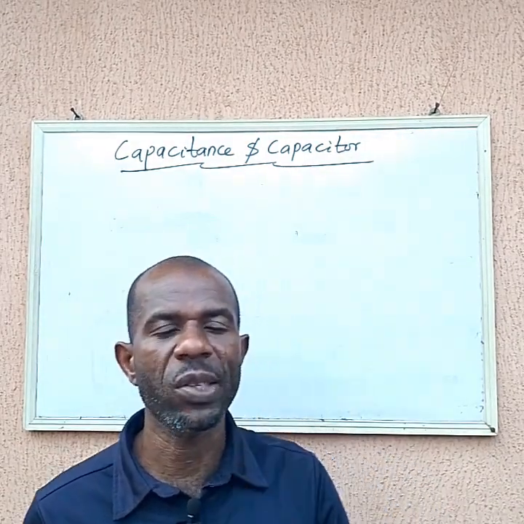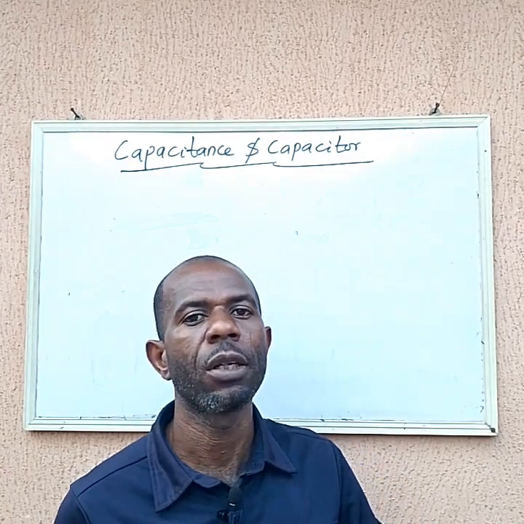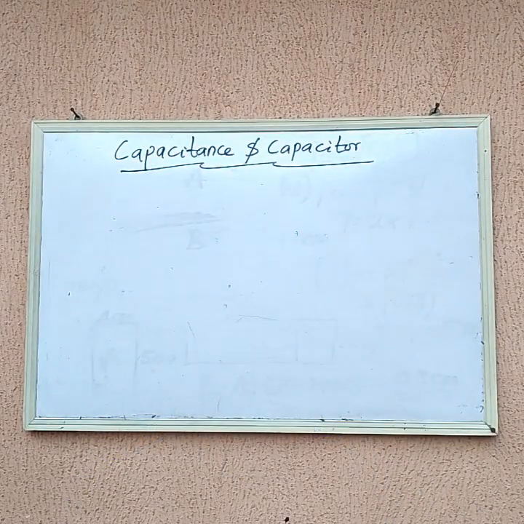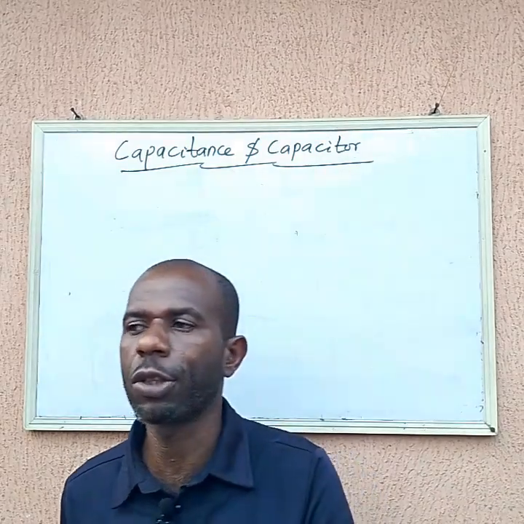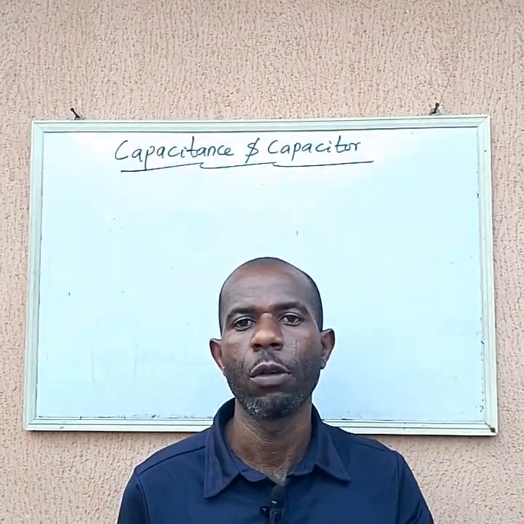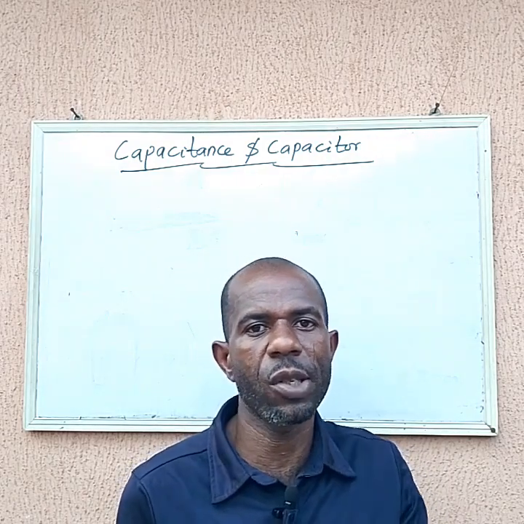Now, capacitance or capacity is a property of what? An electric field. Capacitance or capacity is the property of an electric field whereby a charge is given to a conductor to produce a potential difference between it and its surroundings.